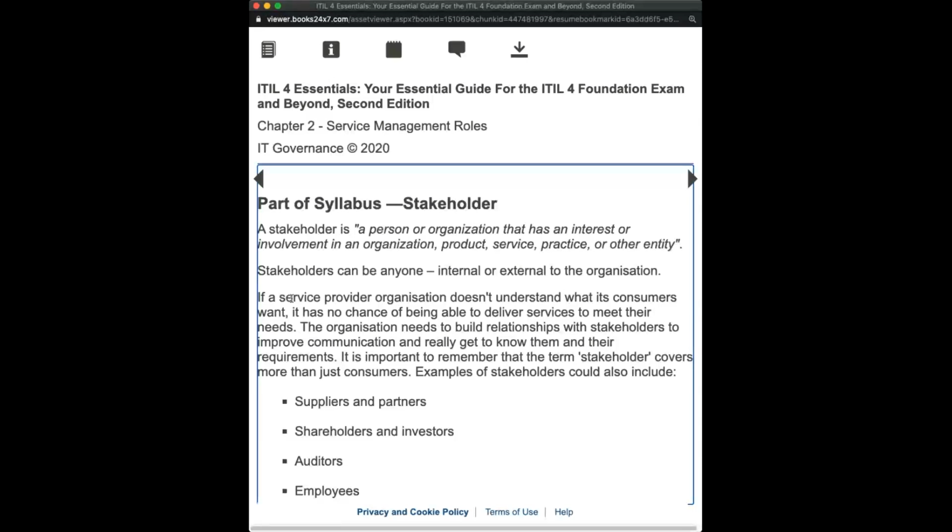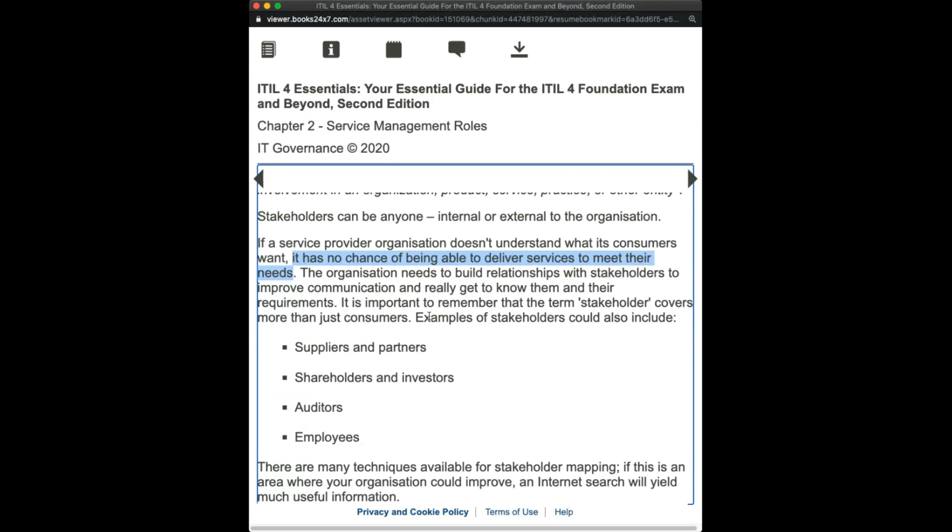If a service provider organization doesn't understand what its consumers want, it has no chance of delivering services to meet their needs. The organization needs to build relationships with stakeholders to improve communication and really get to know them and their requirements. It is important to remember that the term stakeholder covers more than just consumers.